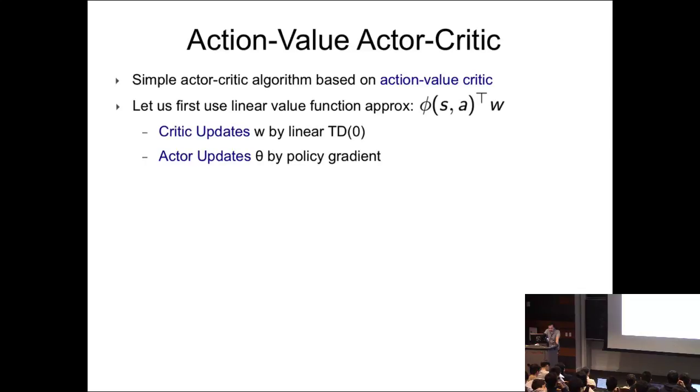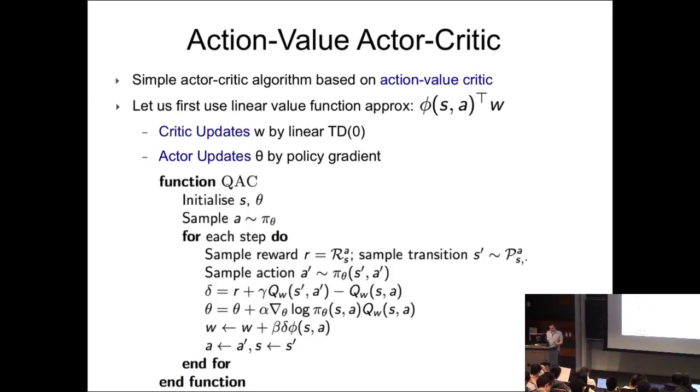We're going to update the critic parameters, W, by linear TD learning, and then we're going to update the actor parameters, theta, by policy gradient, right? And this is what the overall algorithm looks like.